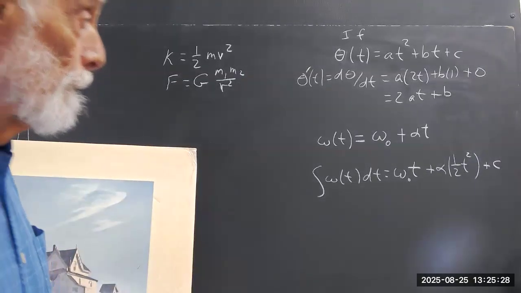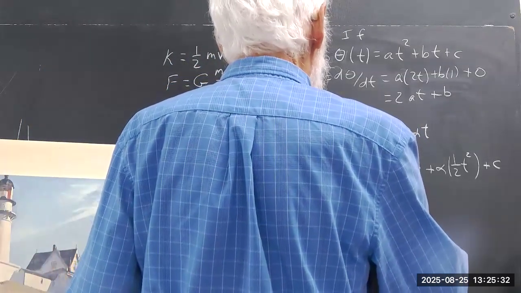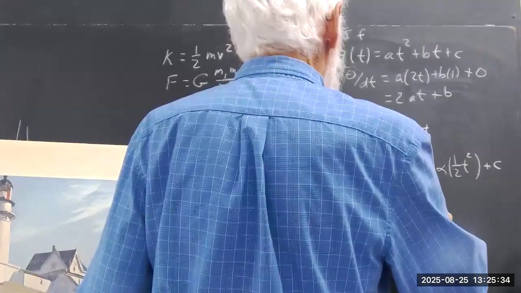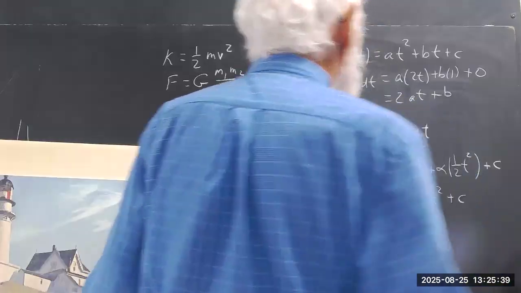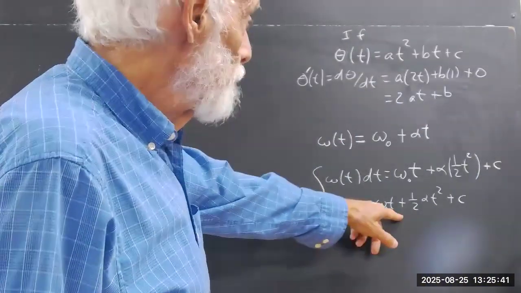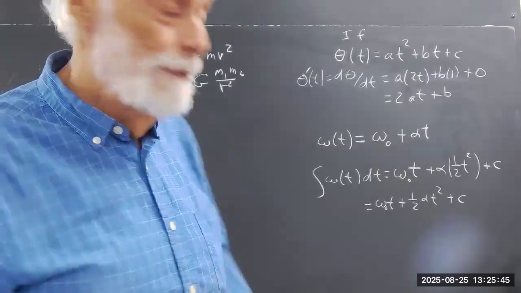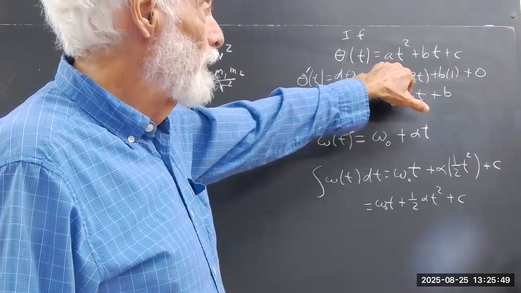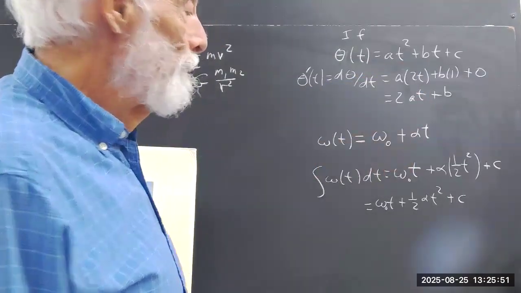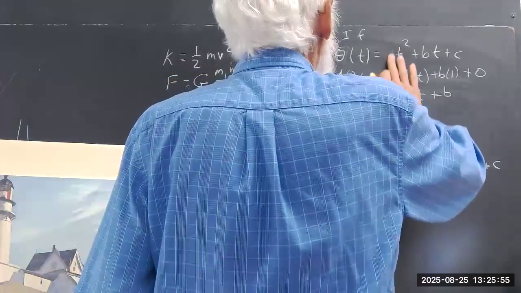So that then would be, well, doesn't that have the same form as this? I got a 1/2 alpha t squared. Well, I've got an a t squared here. But let's make that what it should have been.